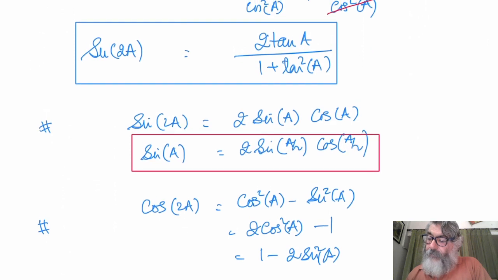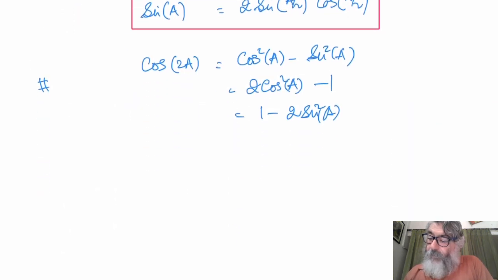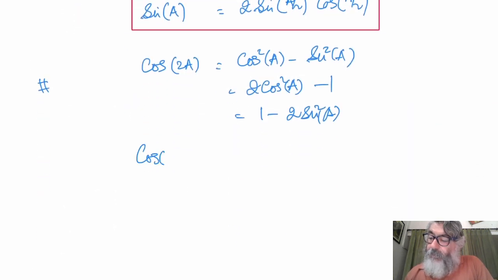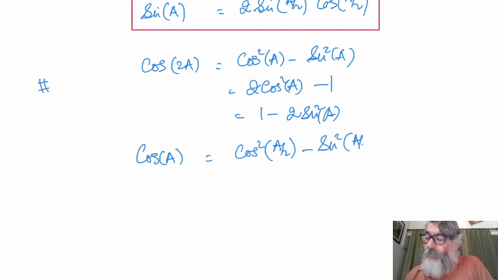I'll get cos A equal to cos square A by 2 minus sin square A by 2. It can be written as 2 cos square A by 2 minus 1. It could be written as 1 minus 2 sin square A by 2.